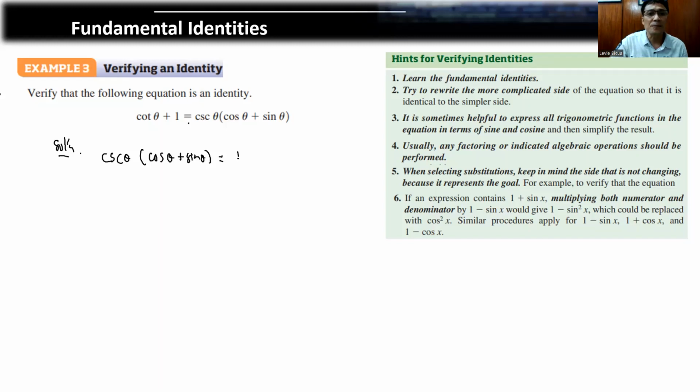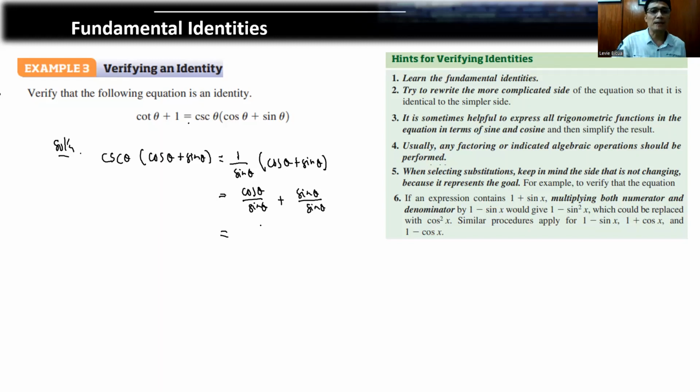At the same time, you can write cosecant theta using the reciprocal identity as 1 over sine theta, right? And then you have cosine theta plus sine theta. And then upon multiplying, you will get cosine theta over sine theta plus sine theta over sine theta.